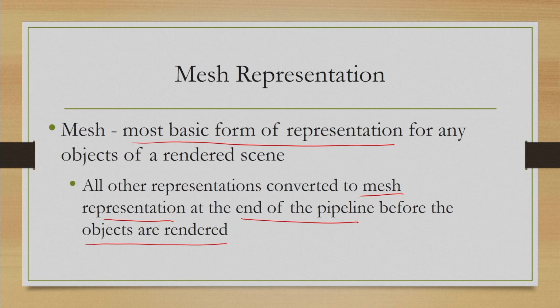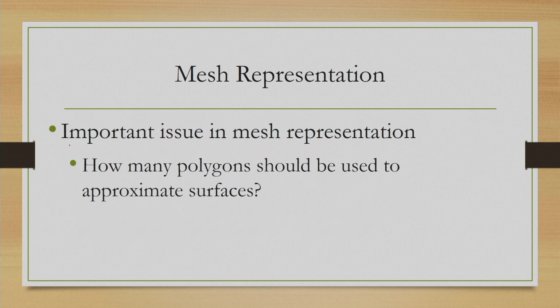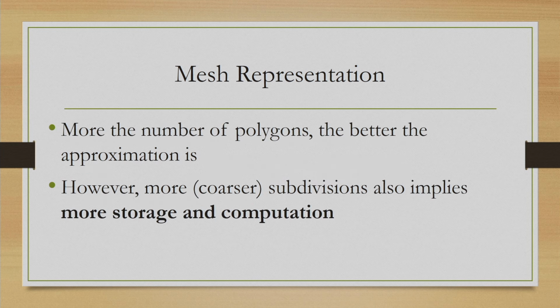Now, there is one important issue, that is how many polygons should we use to approximate the surfaces. That is a very fundamental question, because the more polygons, the better the approximation is, this is obvious.